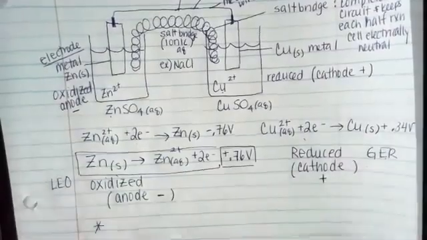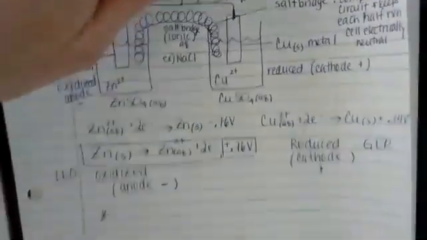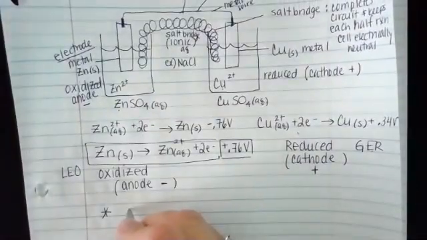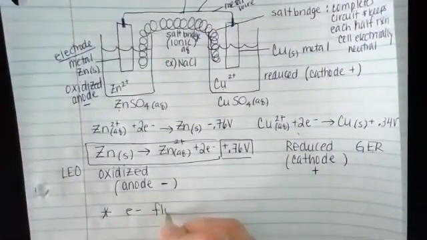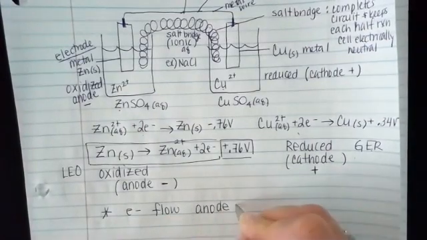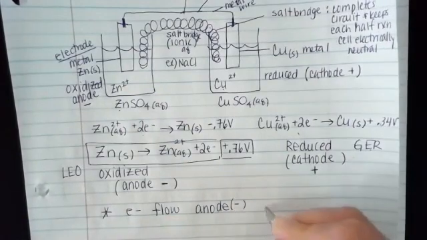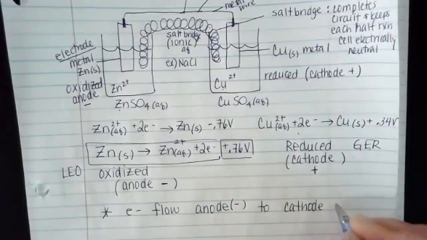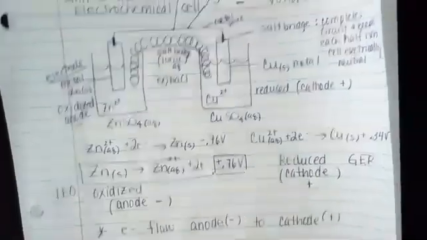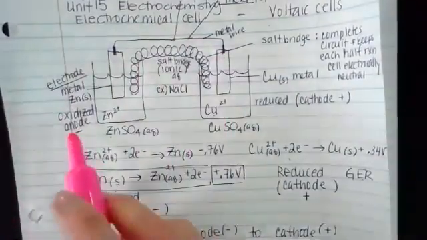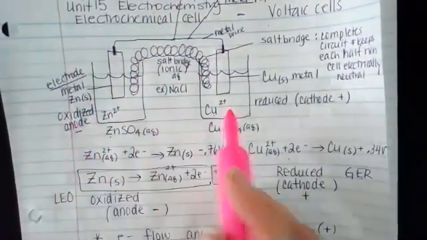Now, something important that you need to remember from physics class that you may not have remembered, but that's okay, I'm here to tell you, is that electrons flow from the anode, negative side, to the cathode, positive side. I'm going to take my color marker and show you. It flows from anode to cathode.